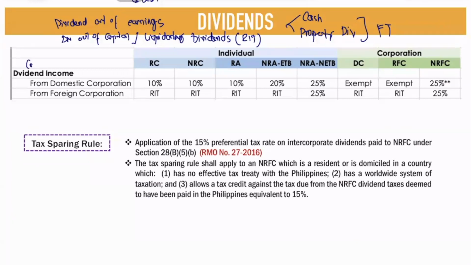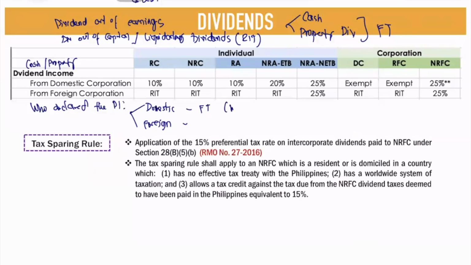So if that is a cash or property dividend income, you determine who declared the dividend income. So if the dividend income came from a domestic corporation or a foreign corporation. Again, if it is from a domestic corporation, we can subject this to final tax. Why?